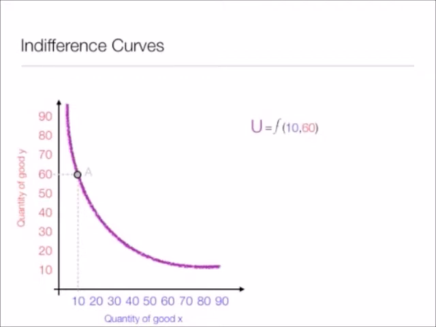Point A, utility of point A is consuming 10x and 60y. At point B, utility is 20x and 40y, but it's equal to utility at point A. Point C, utility is 40x and 20y, and it again is equal to the previous utilities of point A and B.